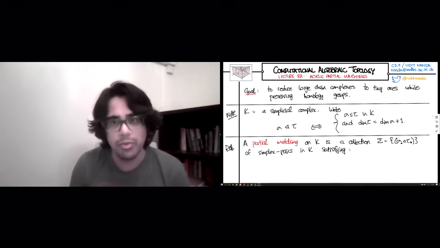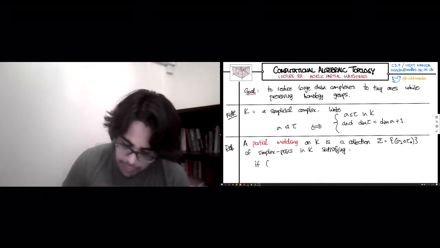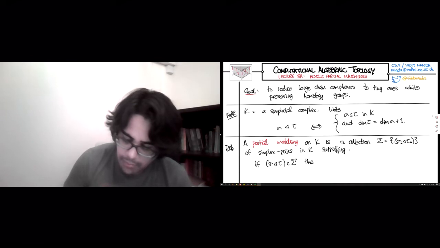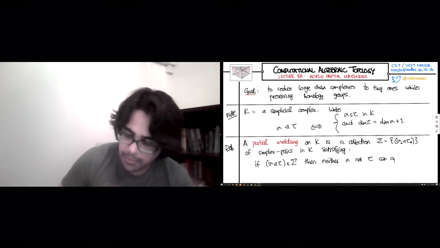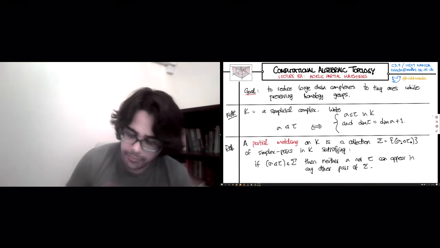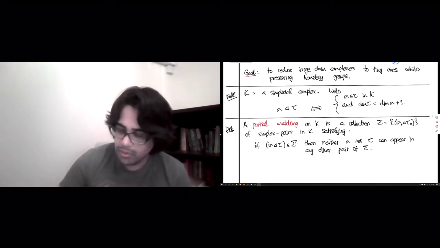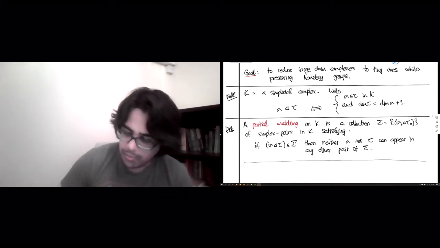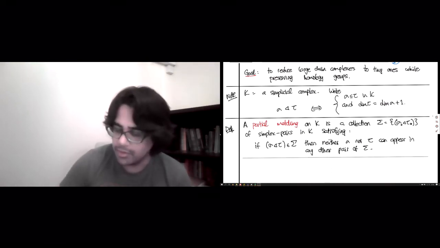But the slightly more serious condition is if one of these pairs appears in sigma, then none of its constituent simplices, so neither sigma nor tau, can appear in any other pair of sigma. So this is something you have to think about maybe if you haven't seen the definition before.